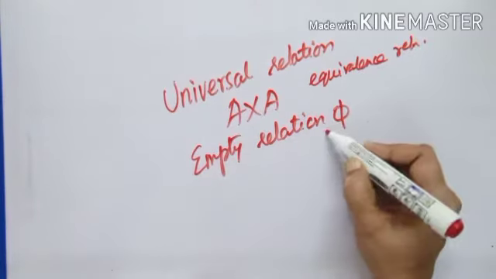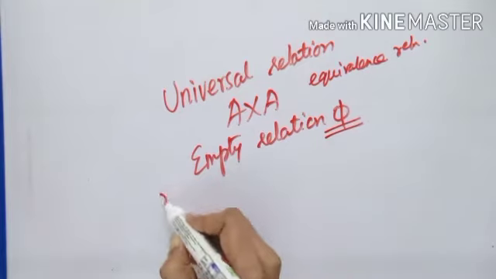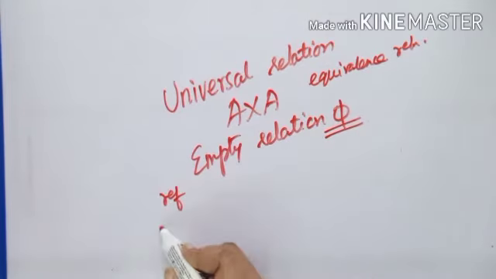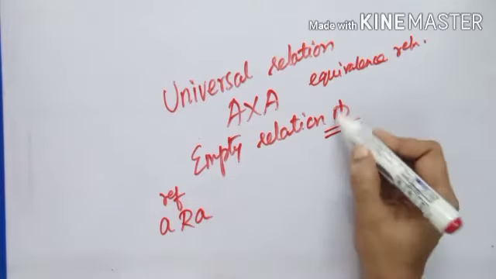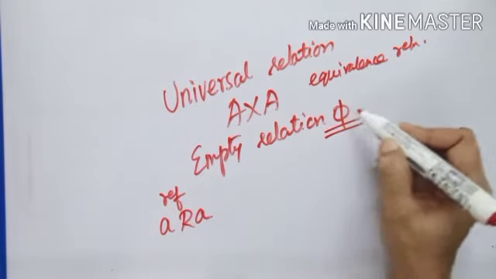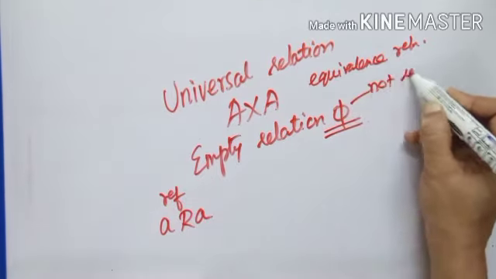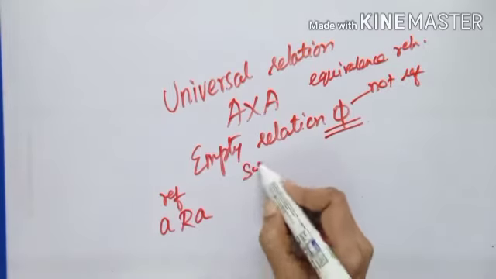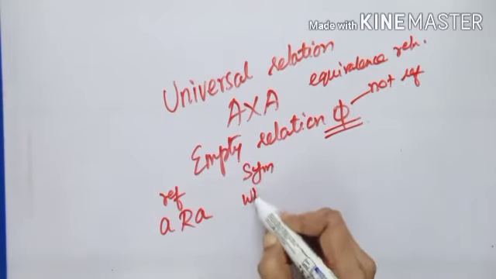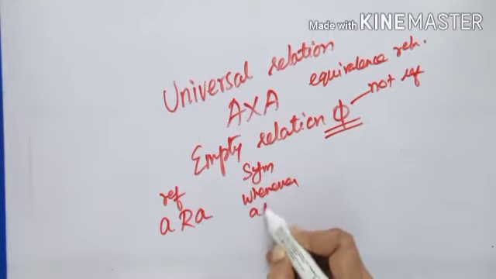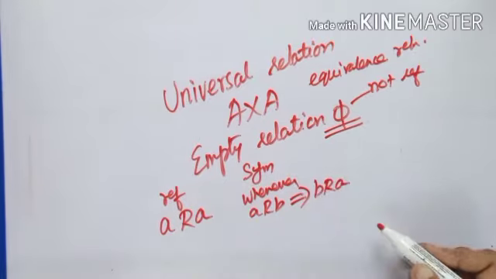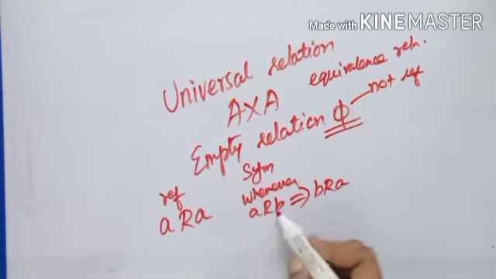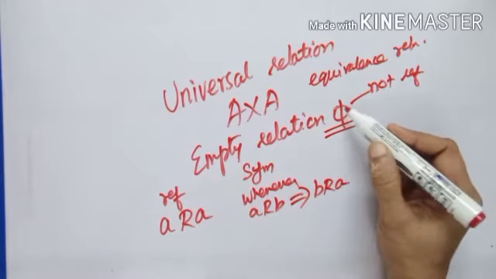But when you come to phi, the first idea, reflexive. I want to show A related to A, but there is no such A in phi. So, phi is not reflexive. Second idea, symmetric. Whenever A related to B, I want to show B related to A. But there is no A related to B I am able to show in phi.